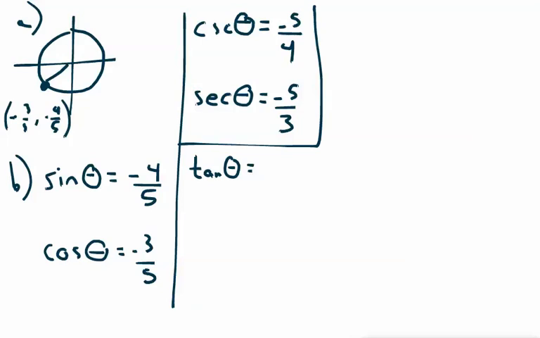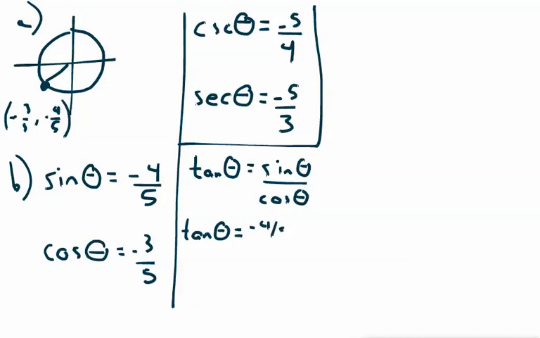With tangent, the only information that we have is sine and cosine. The good news is there is actually an equation relating tangent with those two, and tangent equals sine over cosine. So now we can fill in.